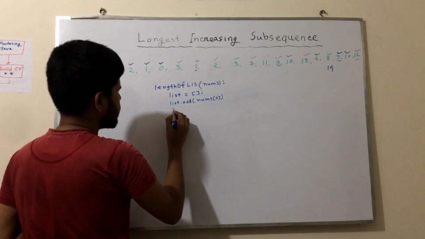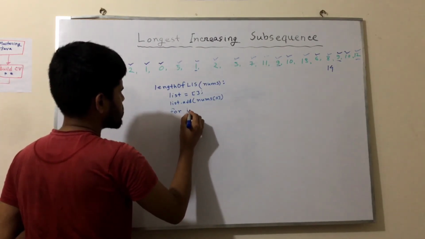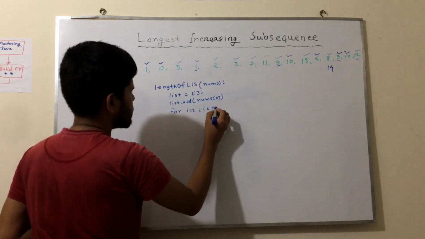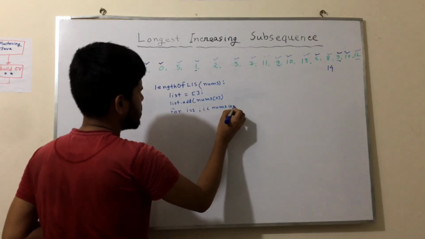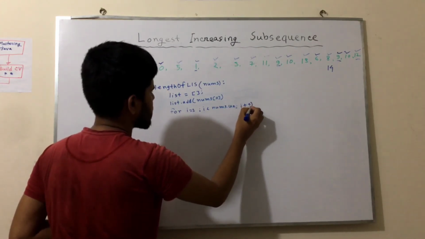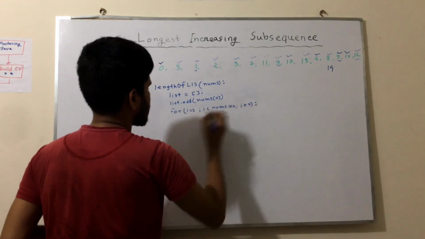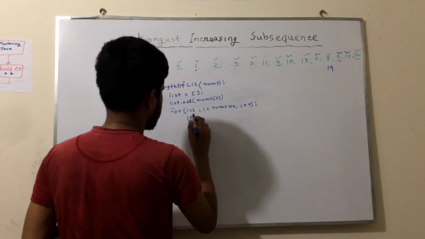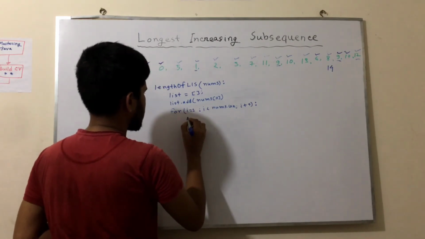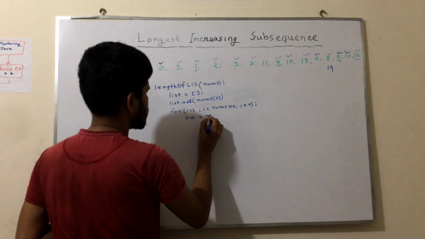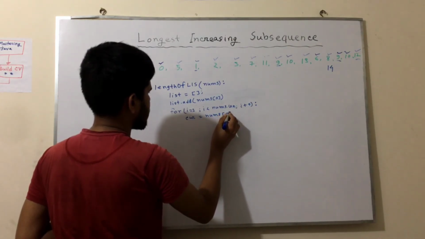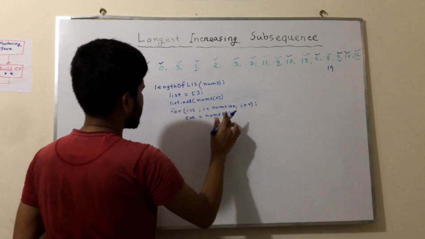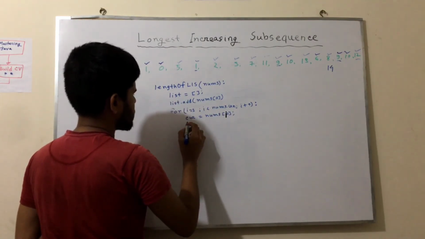Now let's run a for loop from the second element all the way to the end. So i equals 1 while i is less than nums dot length, i plus plus. This is our for loop. Now here I'm going to check our current element, so let's create a variable current equals to nums i.